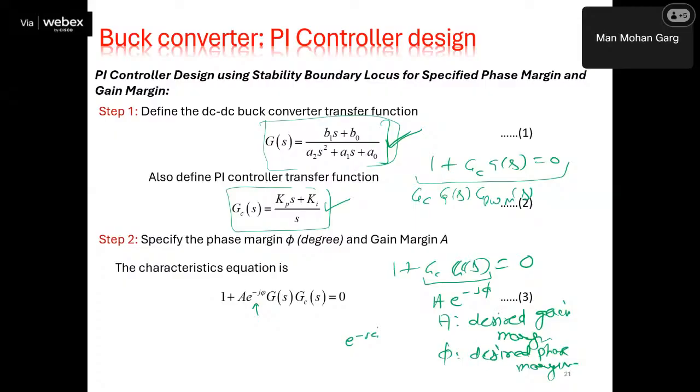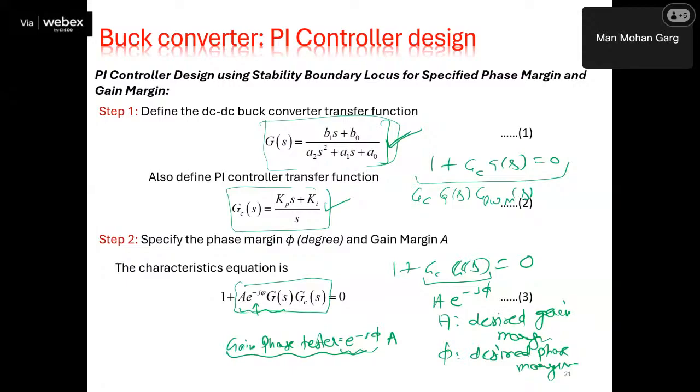So what does it represent? Let's say phi is equal to 0. It means the phase margin is 0. The phase margin is defined as 180 degrees plus the system phase.